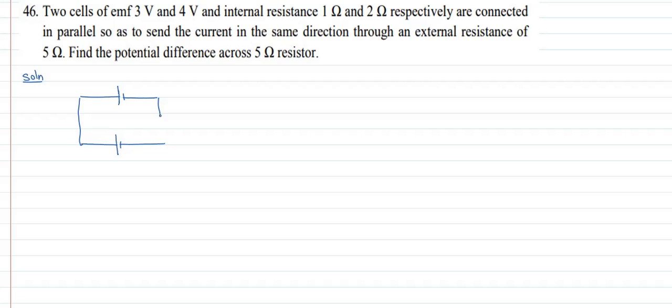So two cells are connected in parallel and they are sending current through an external resistance in the same direction.